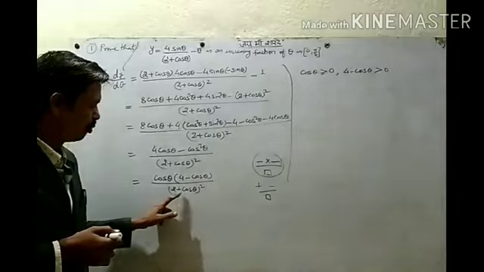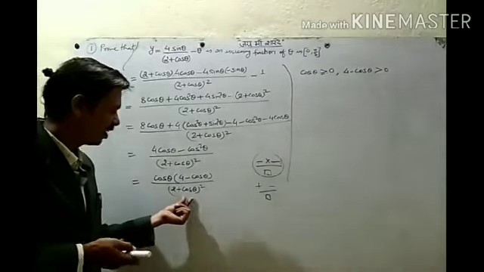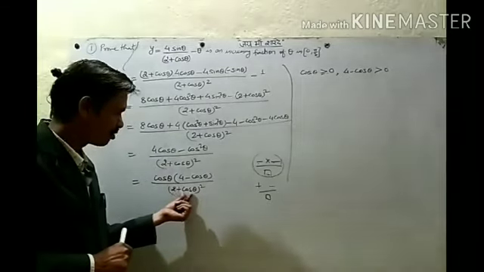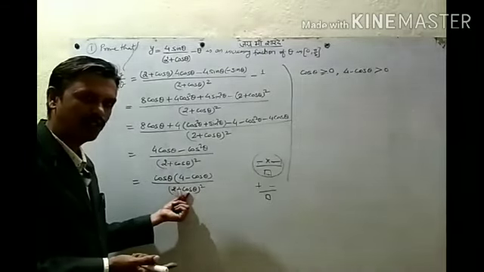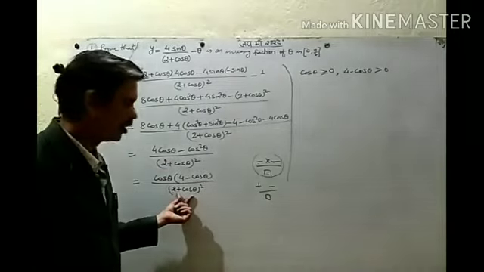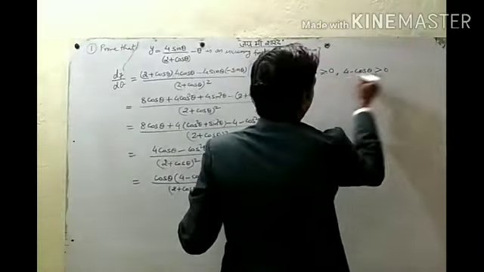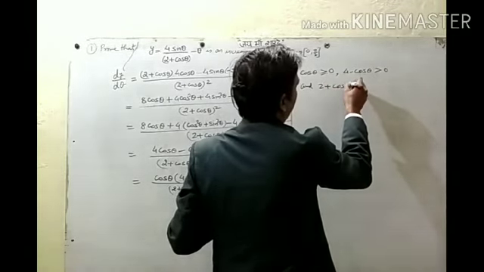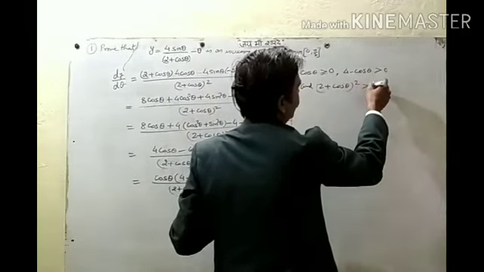Then 2 plus cos theta: again cos can have minimum value minus 1, maximum value 1, here cos 0 and 1. So 2 plus 1, 2 plus 0, positive only, and its square is there, so always positive, cannot be 0. So the square of 2 plus cos theta is always more than 0.